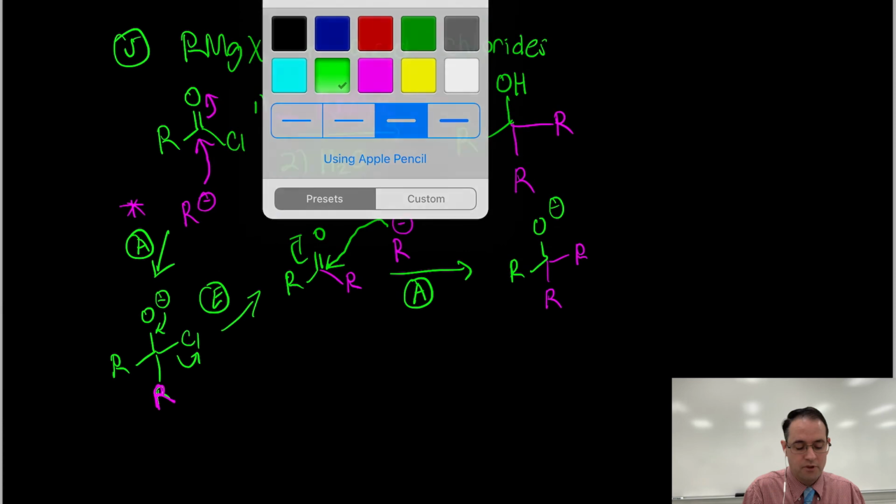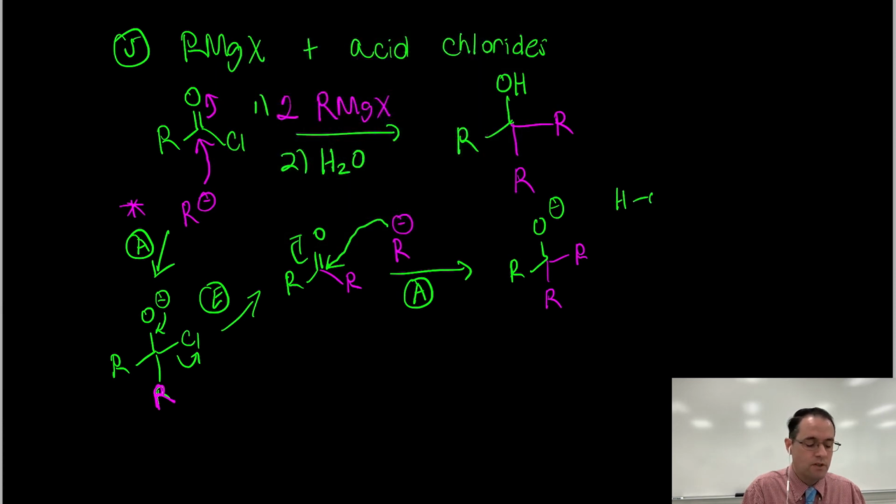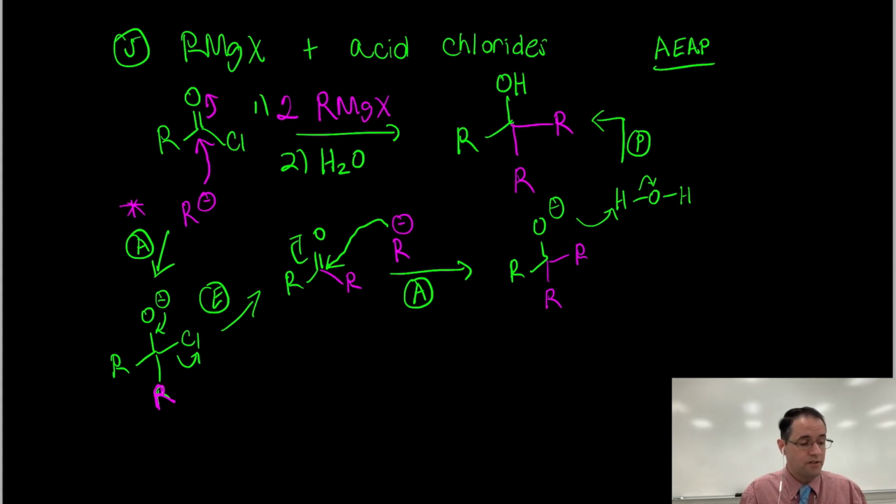Then we add water on step 2, and we protonate that alcohol, and that gives us the final products. That's the same exact thing we saw with lithium aluminum hydride. So that's what Grignards do.